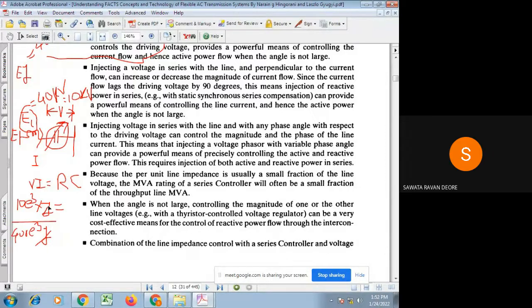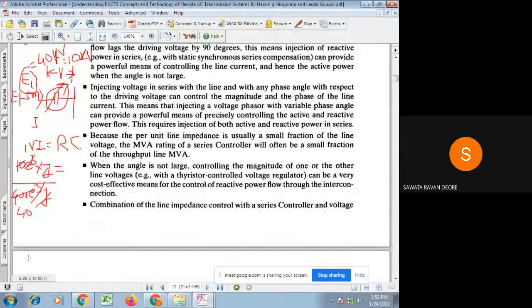So this I will get cancelled, 10 to the power 3 will get cancelled. So this is 10 ones of 1, 10 fourths of 40. So 1 divided by 40. 1 divided by 40 means how much is it? In terms of percentage, it is around 2.5%.